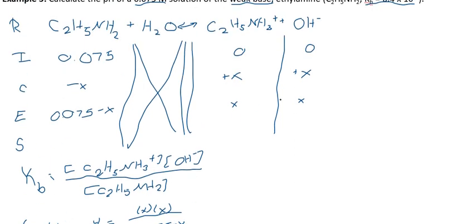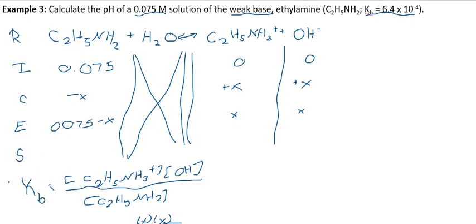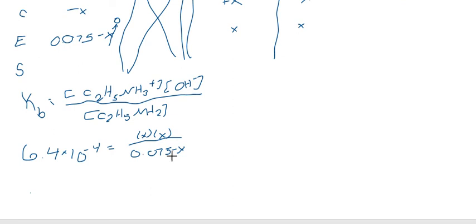minus X. Again, we are working with a weak base, so we can assume that the extent of dissociation is very small, and our change in our concentration of weak base will be negligible. So we're going to assume that this is negligible, and so I'm going to get rid of this term so that I do not have to use a quadratic. Cross multiply and take the square root to determine that X is equal to 0.0063693.